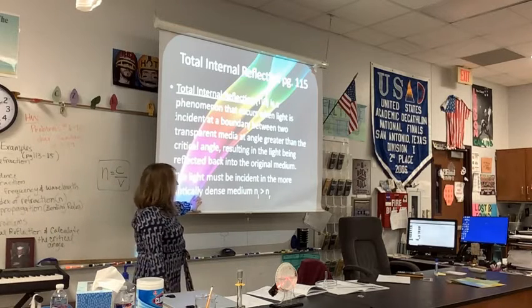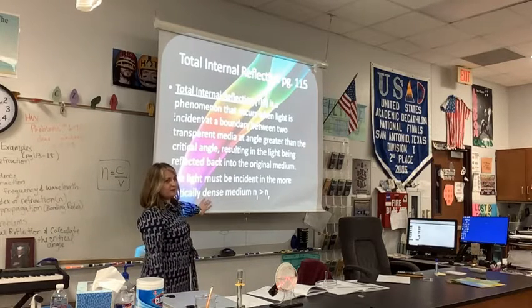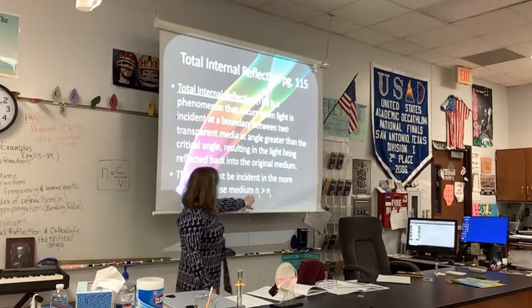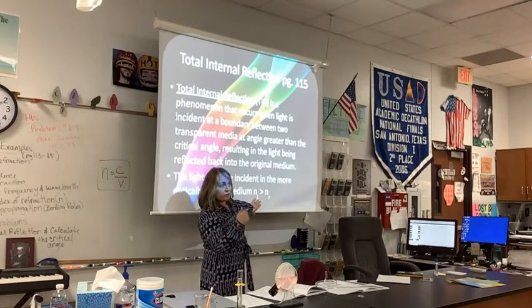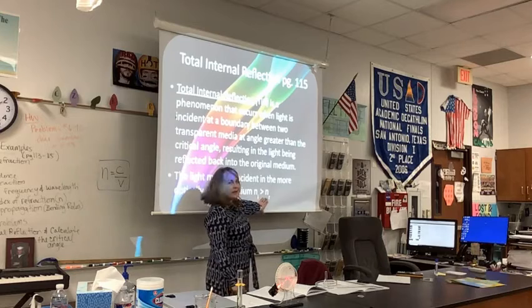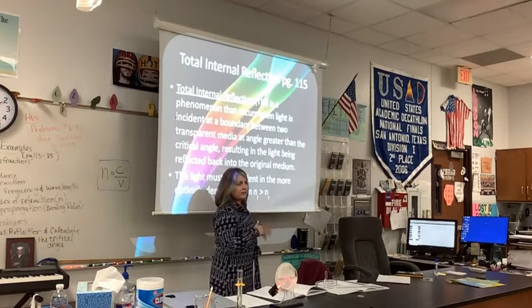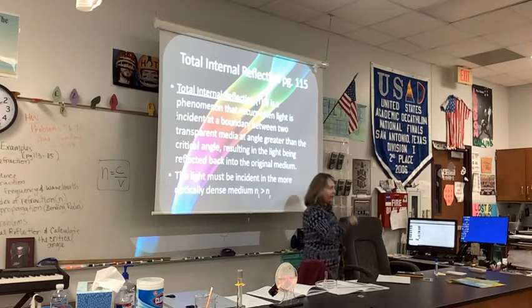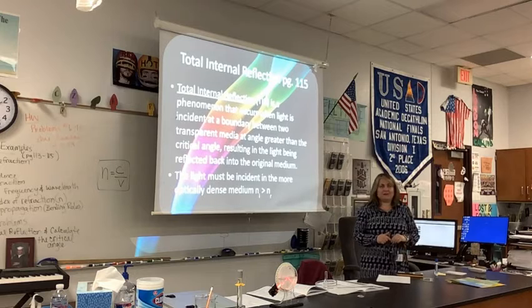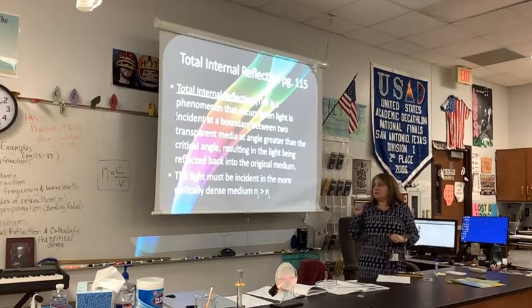So this is important, right? It only happens when the light is incident in the more optically dense medium, meaning that the first medium where the light is incident, ni, has to be greater than the index of refraction where the light is refracted. Does that make sense?